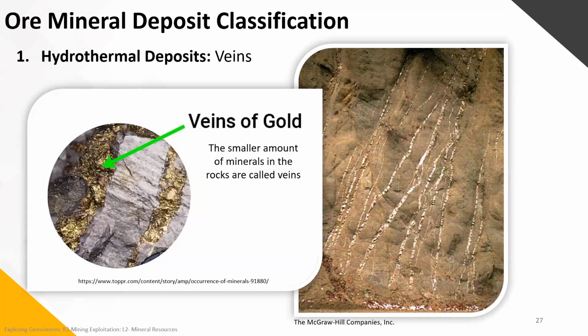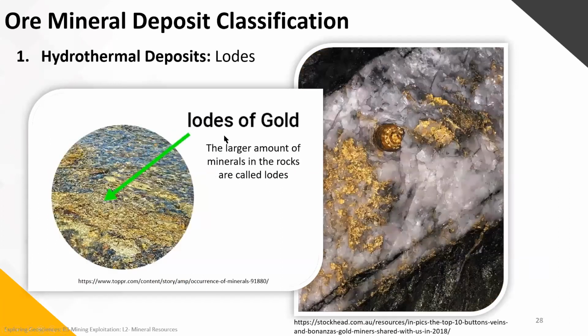So veins are the smaller amount of minerals in the rock. They cross-cut our host rock. When we have a larger amount of minerals within the rock, they are called lodes, so lodes of gold. We have lodes of gold within our rock.